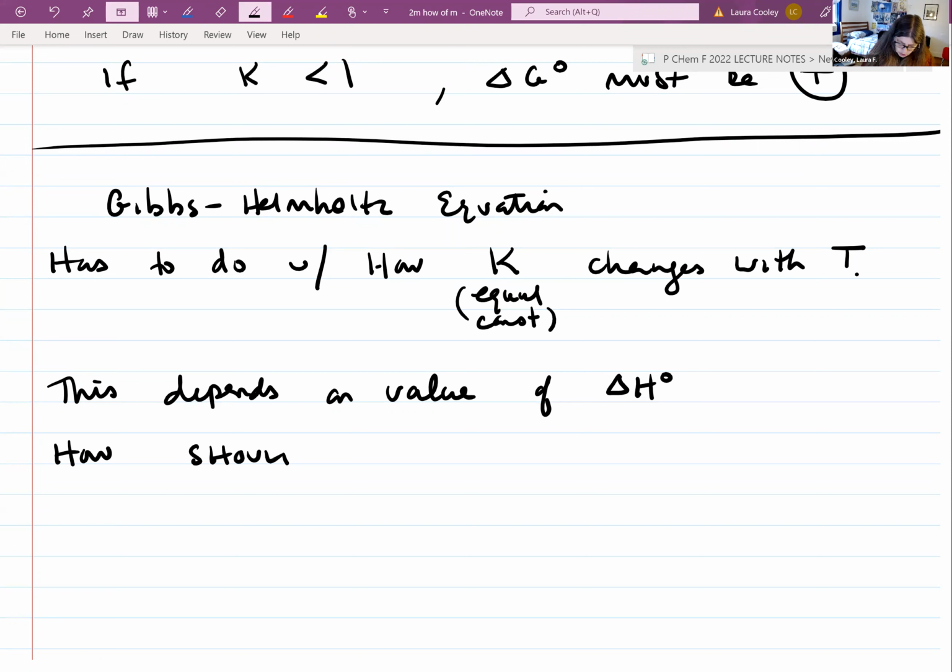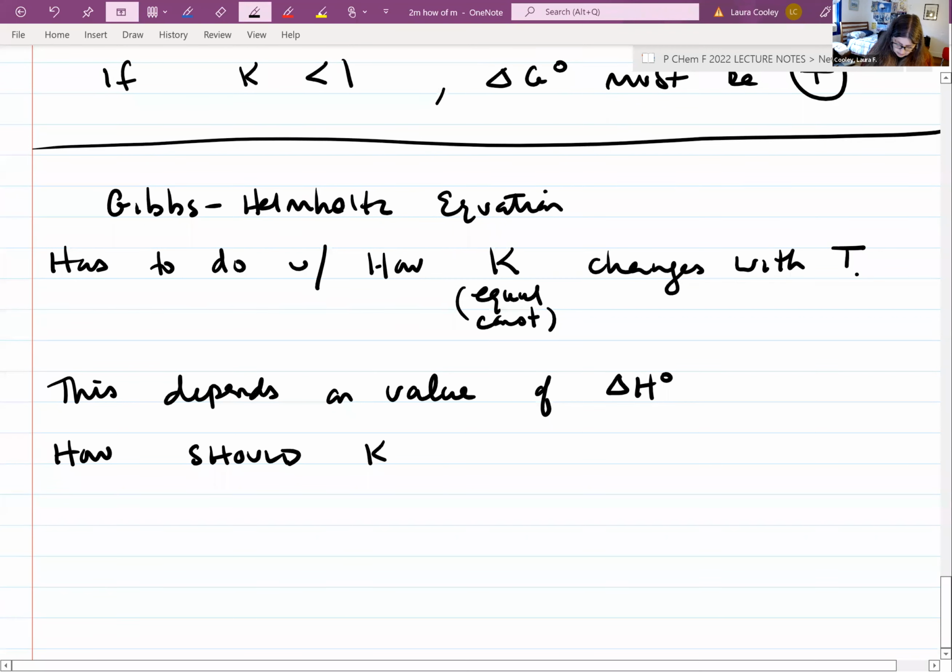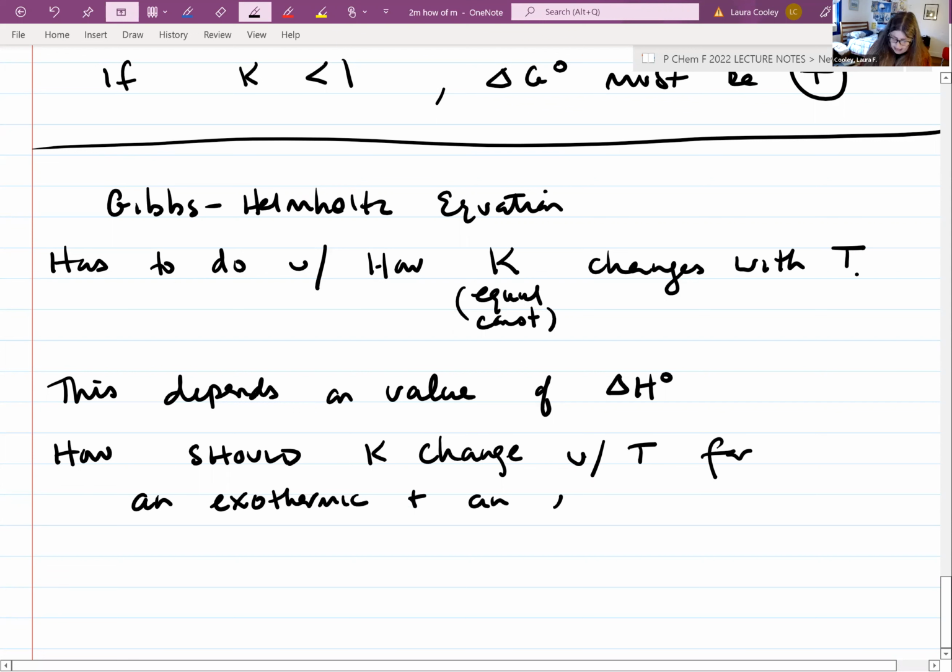How should K change with temperature for an exothermic and an endothermic reaction?